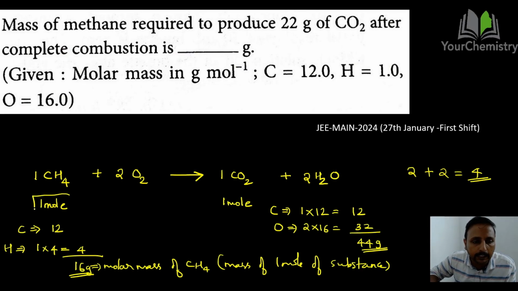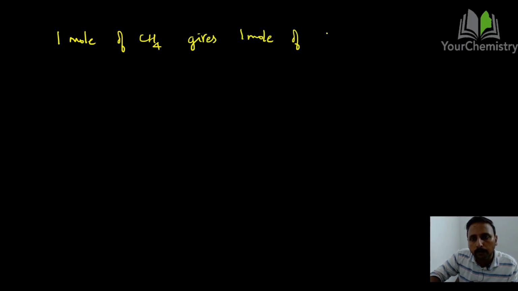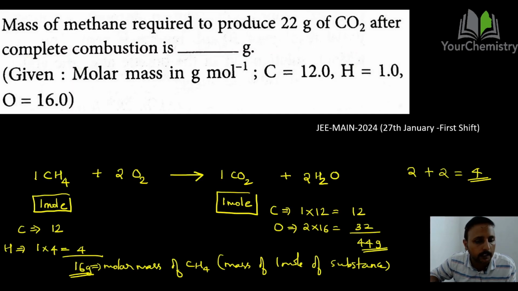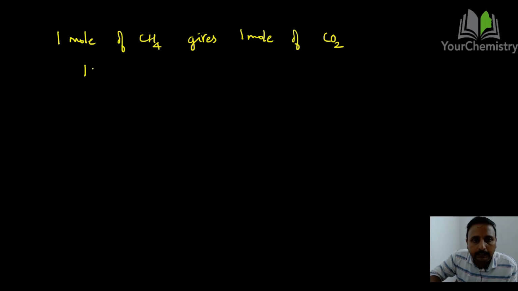You can see very clearly that 1 mole of CH4 is giving 1 mole of CO2. So I am just writing that statement here. 1 mole of CH4 gives 1 mole of CO2. And what is the weight of 1 mole of CH4? We have found out already, that is 16 gram of CH4 gives 1 mole of CO2 weight.